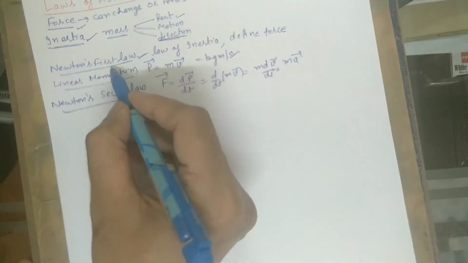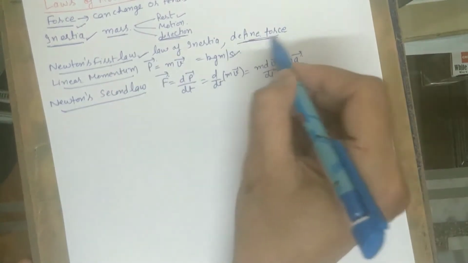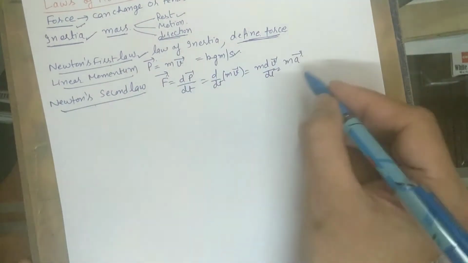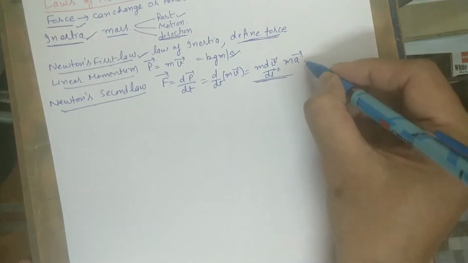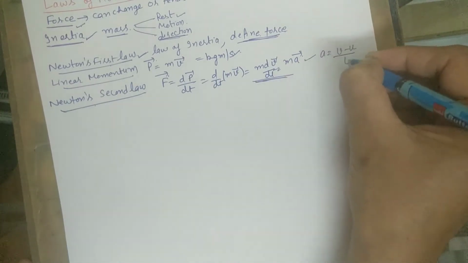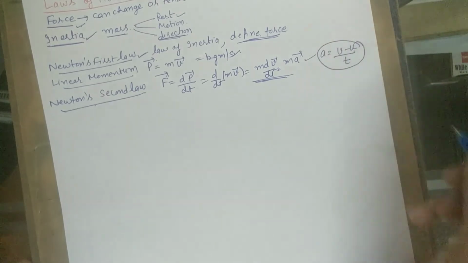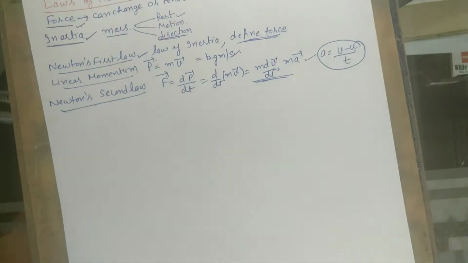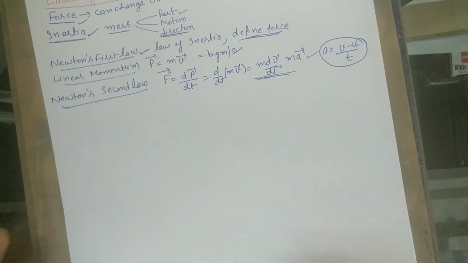So Newton's first law defines force, and Newton's second law measures force by measuring the acceleration, that is the change in velocity upon time. By this we can measure the acceleration produced by the external force in the motion of the body.